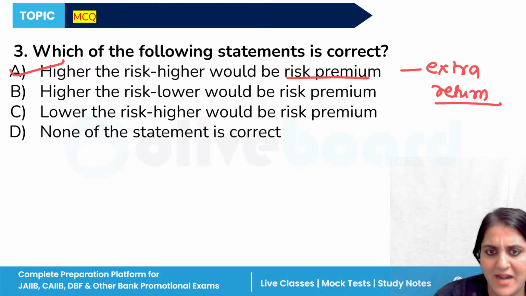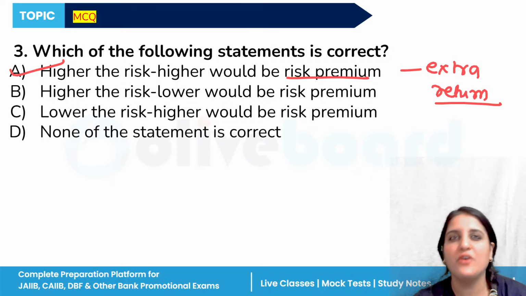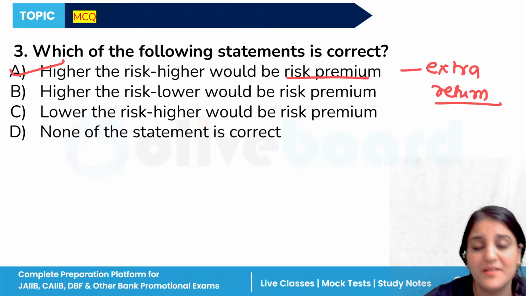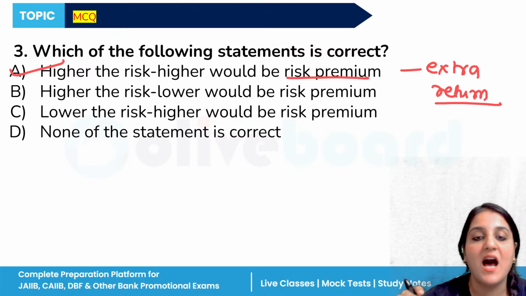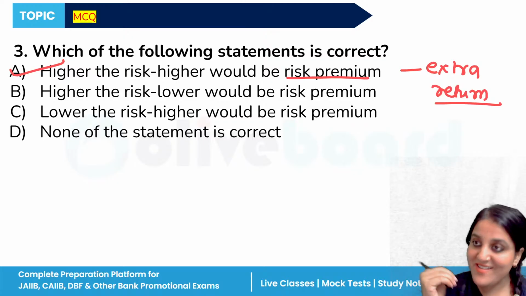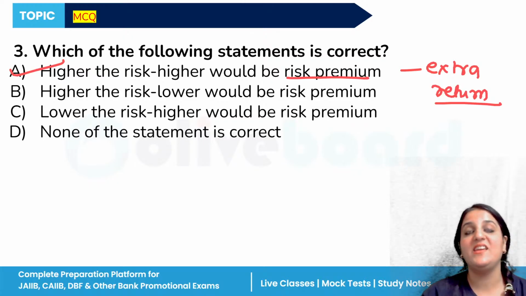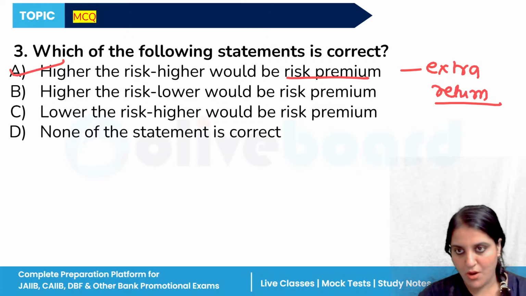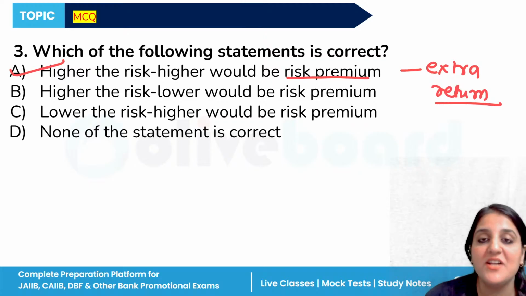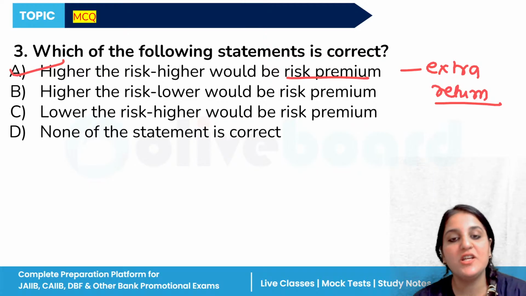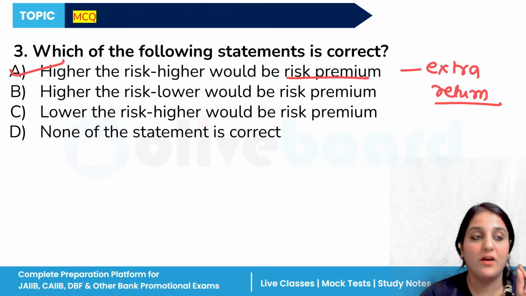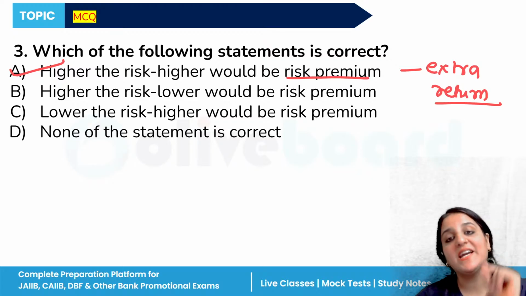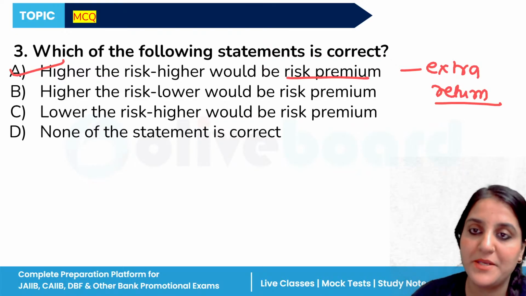And risk, we know, is the potential for loss or negative outcomes in an investment. Therefore, it is logical that investors would demand a higher return for investing in assets that carry higher risk. This is because they are compensating for the potential downside of the investment. That's why higher the risk means higher would be the risk premium.